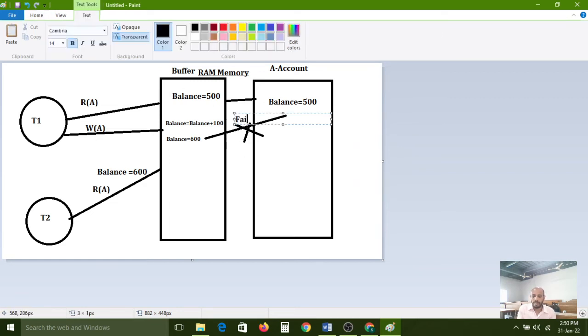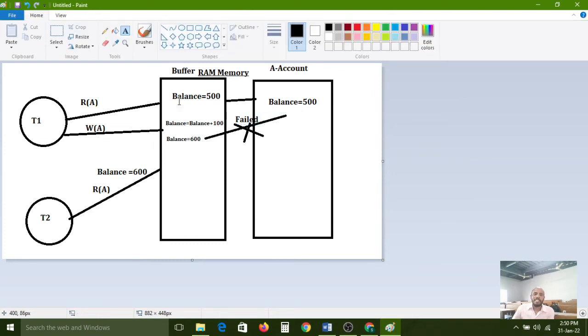It is failed. Then how much final balance do we have? 500 rupees, right? This transaction is failed. Nothing but the 500 rupees final balance. But T2 is reading the 600 rupees amount.